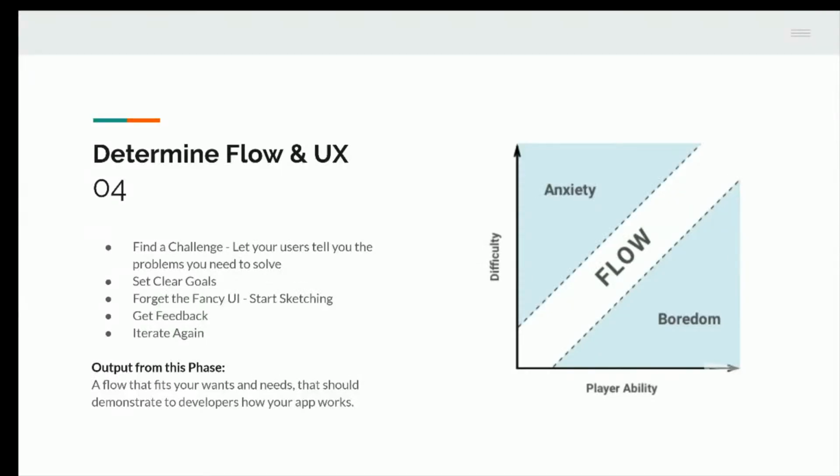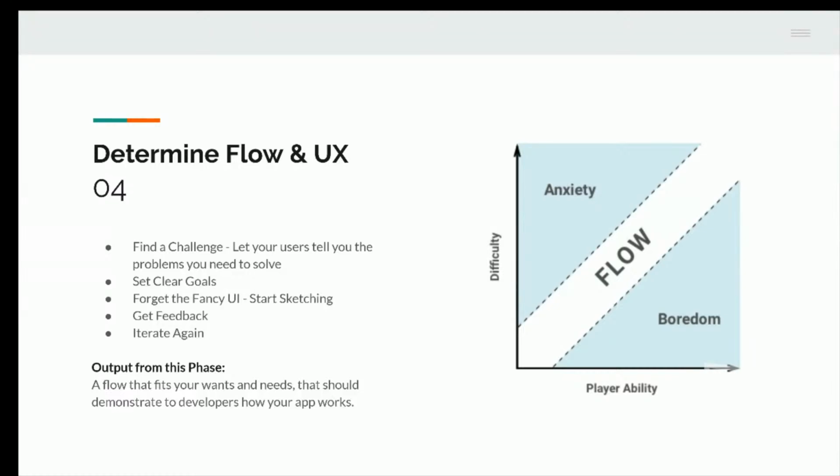Number four of how to build software properly is determining the flow in the UX. It's important to remember that each user has a flow point, or a flow range, where they feel comfortable using the application.